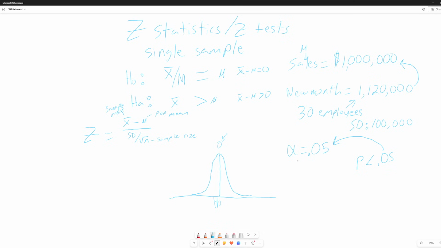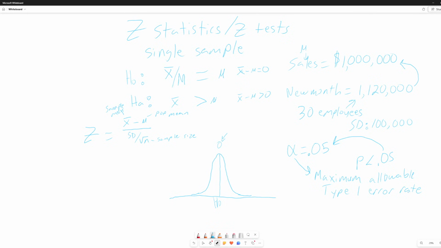And alpha is the maximum allowable type 1 error rate. We don't like type 1 errors. I talked about this in the prior video.